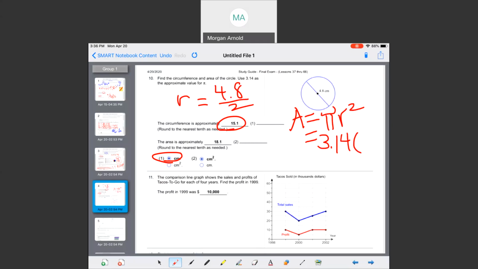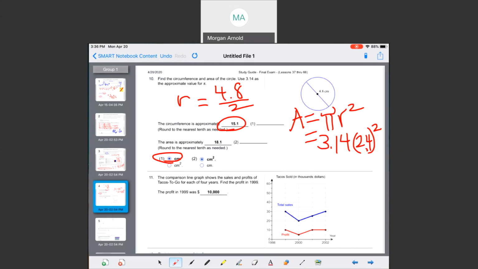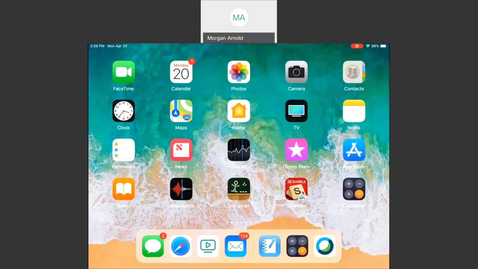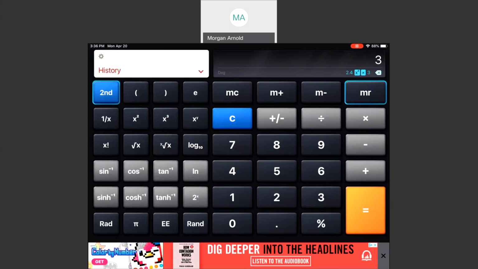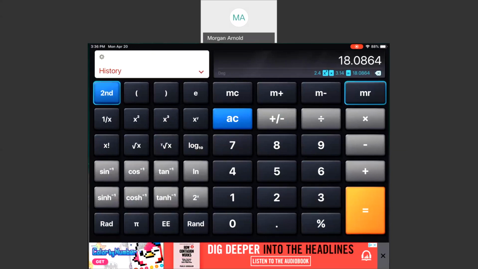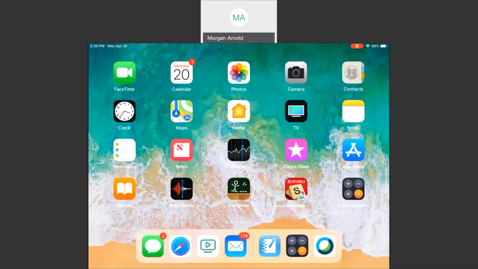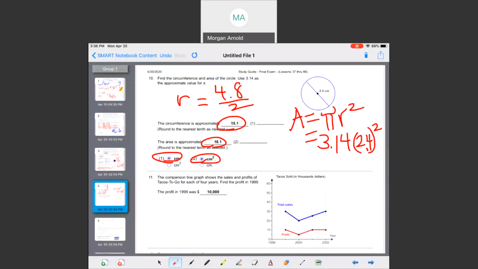The radius is 2.4. So we'll plug that into our area formula. And let me switch to my calculator. 2.4 squared times 3.14. And again, to the tenths place, that would be 18.1. And area is in terms of square units, in this case, square centimeters.